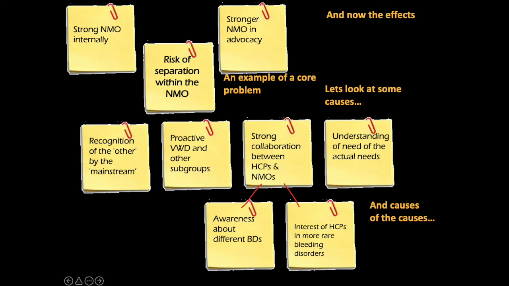And here also for the sub causes turn to be awareness about different bleeding disorders and interest of healthcare professionals in more rare bleeding disorders. So by having this solution tree, you can see that it gives you very clear objectives that under each of these, you could more easily analyze.